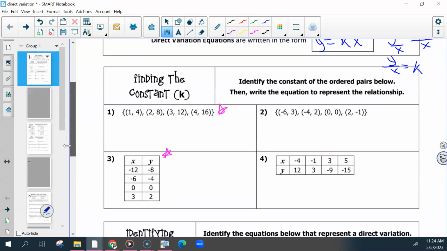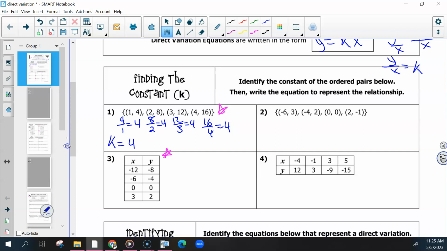In order to find our constant k, it has to be the same for all the values. So we're going to divide y and x for each of these and see if they're the same. You can start to do that, see if they are all the same. They end up all being the same, which would make that our constant.